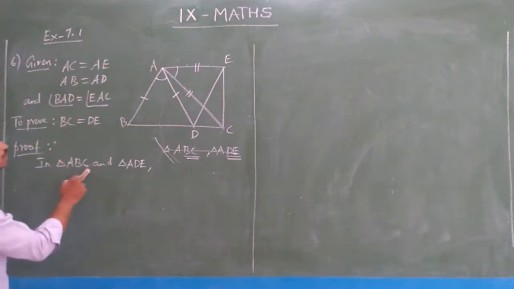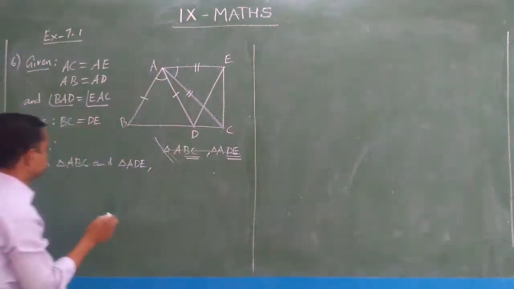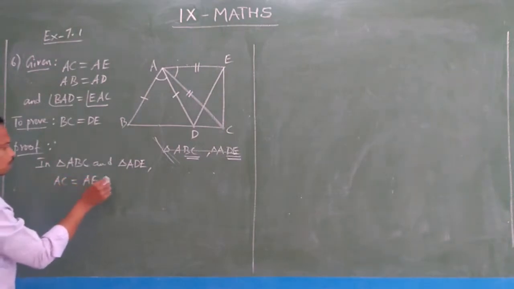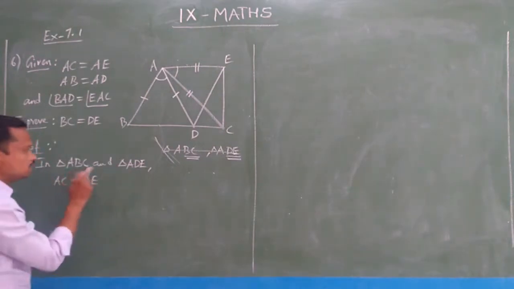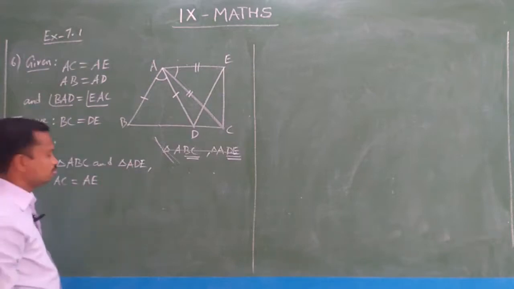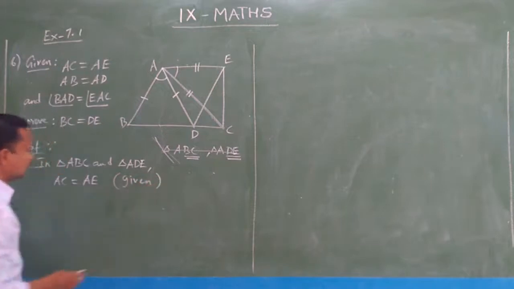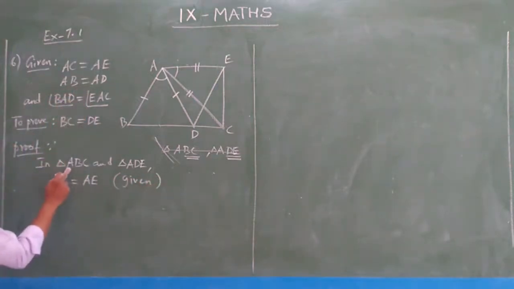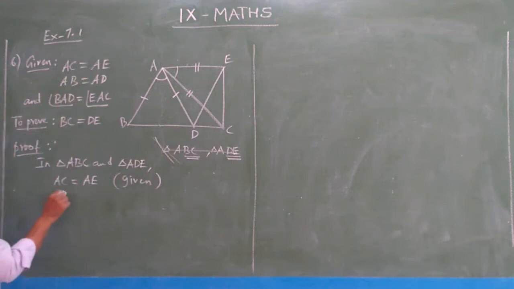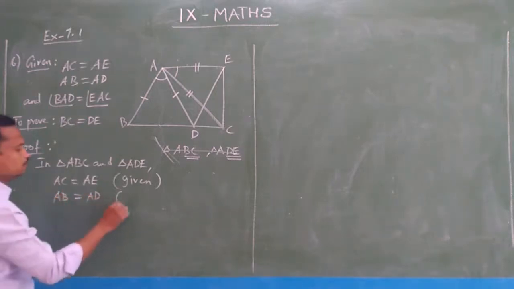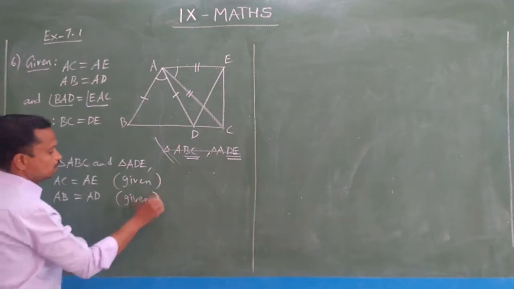So AC and AE are a corresponding pair of sides. This is given. And then AB is here and AD is here. AB is equal to AD, that is also given.